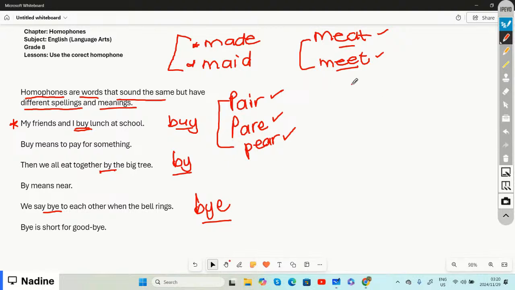Here we have another word. We have board, and I'm bored.